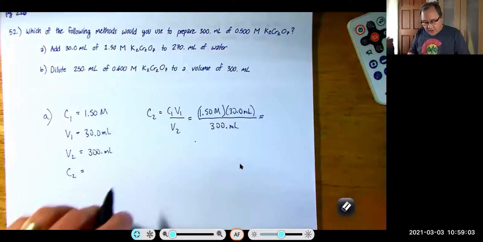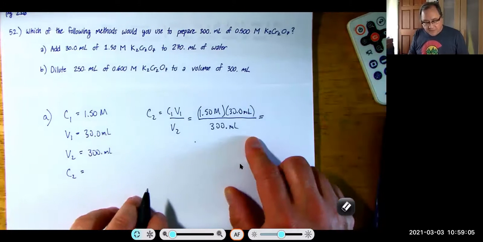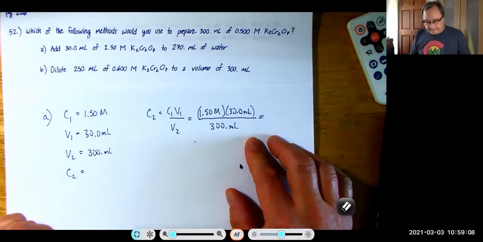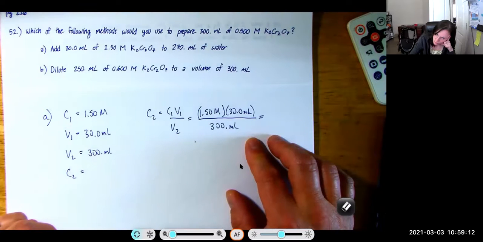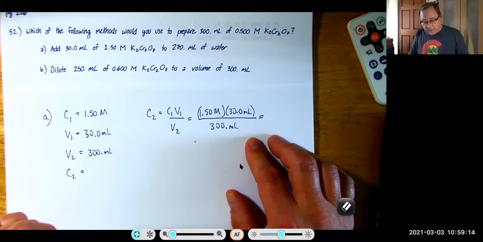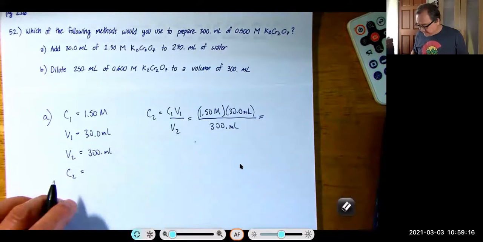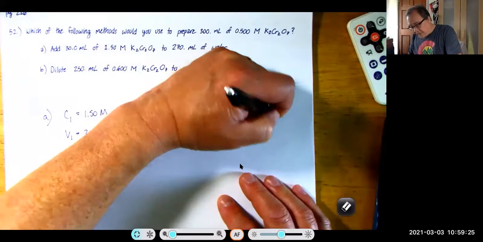And when we do this problem, we get 0.15 molar solution.